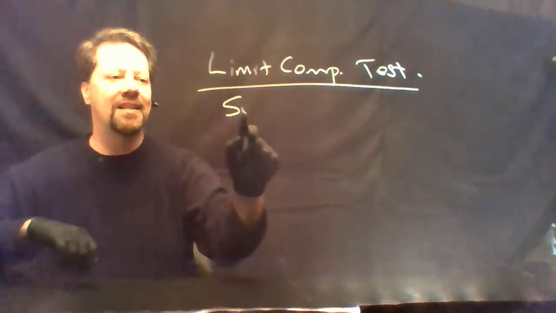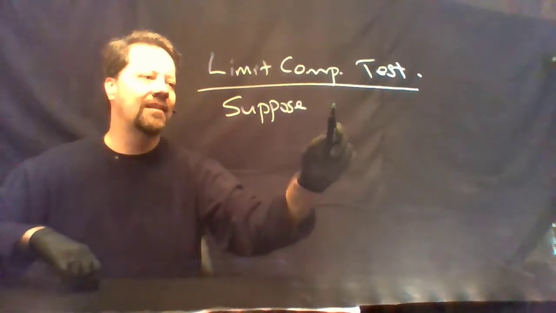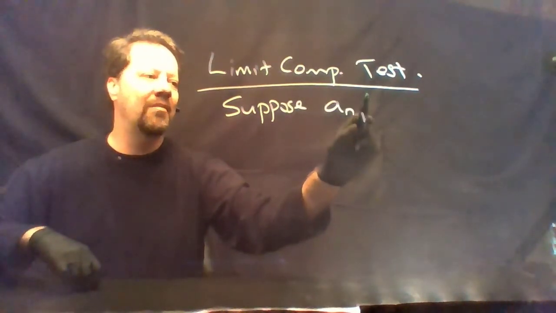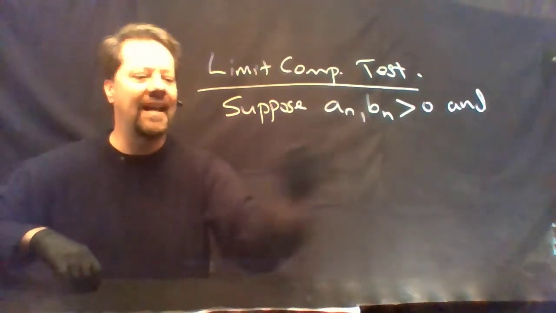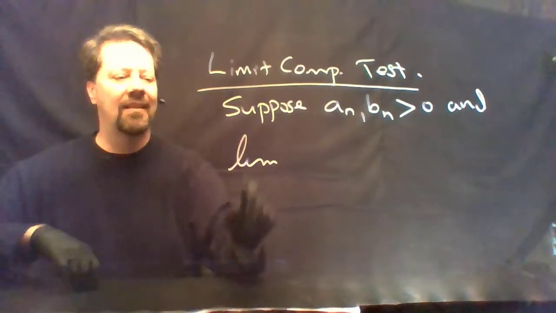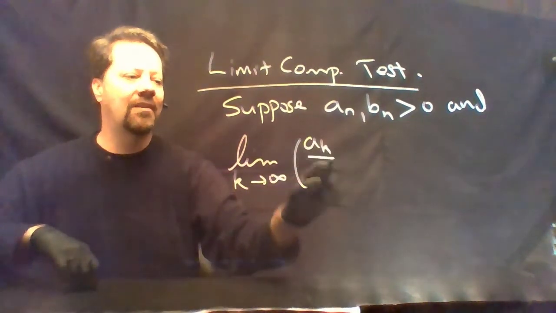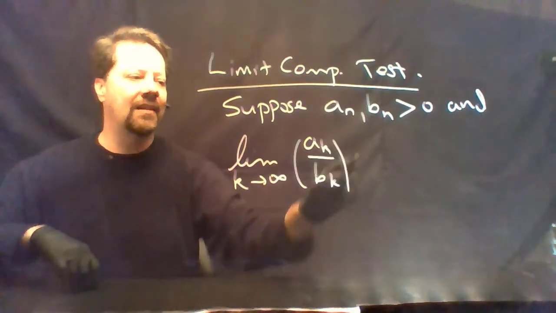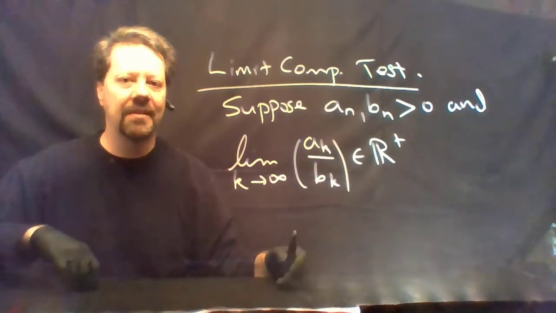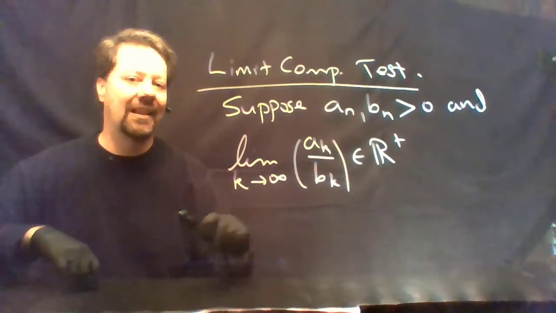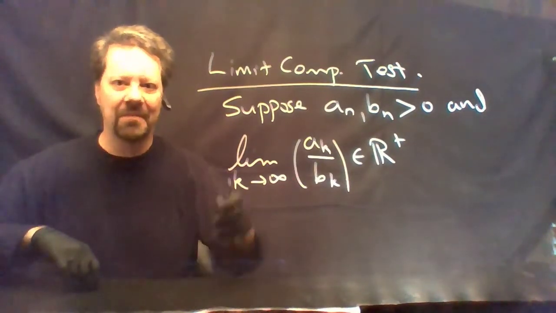For the limit comparison test, we suppose that a_n and b_n are positive, and the limit as k goes to infinity of a sub k over b sub k is an element of the positive real numbers. That means it's not zero, doesn't go to infinity, it goes to some finite real number.